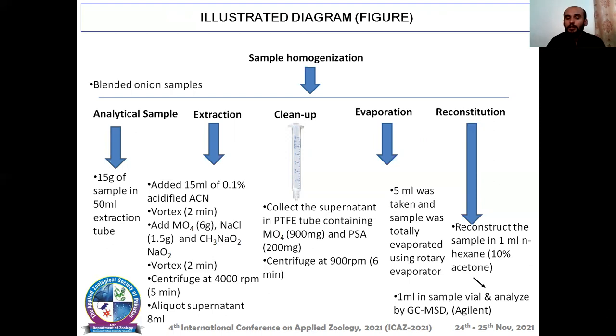Then centrifuge at 4,000 RPM. Then clean up, collect the sample in tubes, and again centrifuge at 100 RPM for 6 minutes. Then evaporate some chemicals using a rotary evaporator, reconstitute in 1 ml, and analyze by gas chromatography.